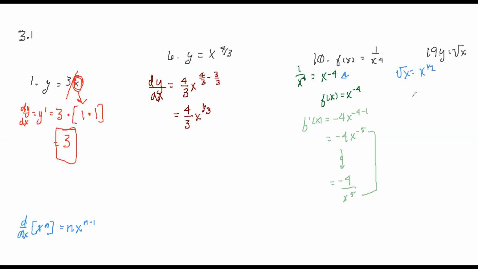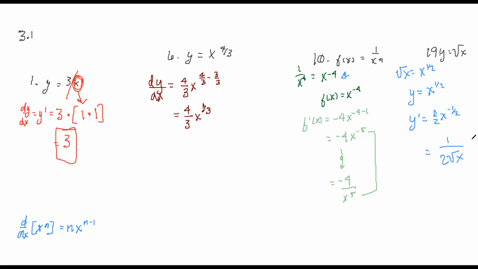And now that we're able to write it down like that, it's a fairly simple process of saying that if y is equal to x to the 1/2, then y prime is equal to 1/2 x to the -1/2. 1/2 minus 2 halves is -1. So you could write it like that, or you could write it as 1 over 2 root x. All of that works, essentially.